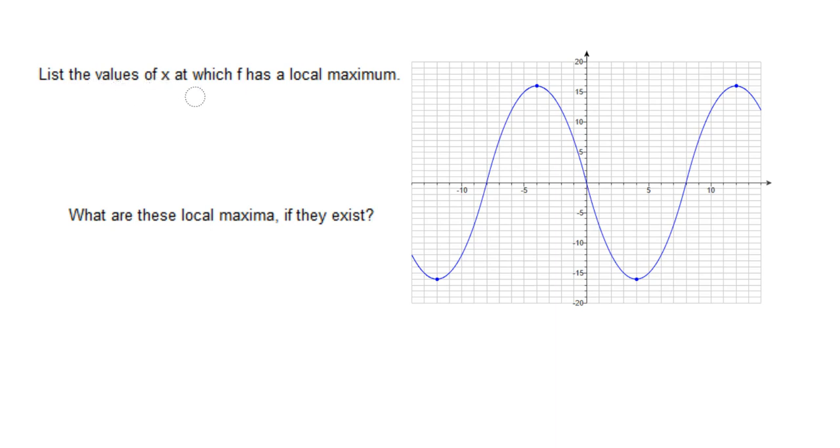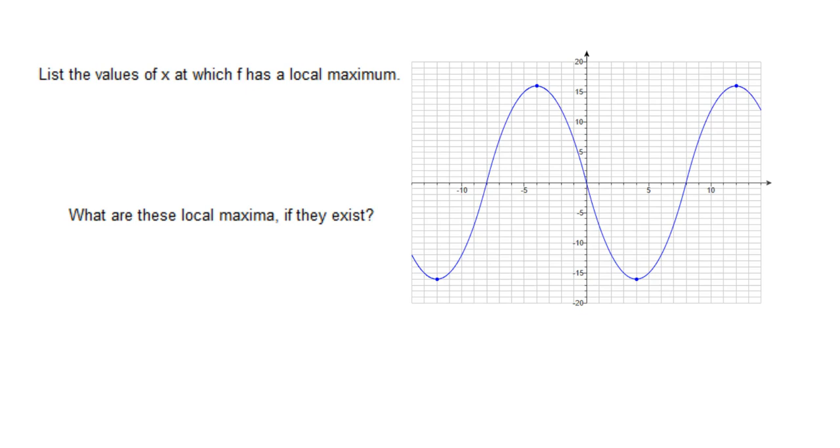List the values of x at which f has a local maximum. What are these local maxima, if they exist? When we're looking for a local maximum, we're looking for peaks in the graph like this. This particular graph has 2 of them.